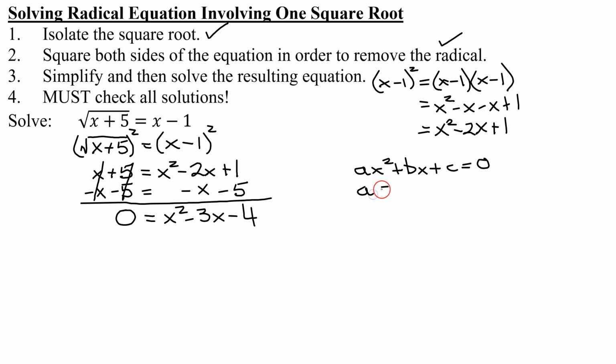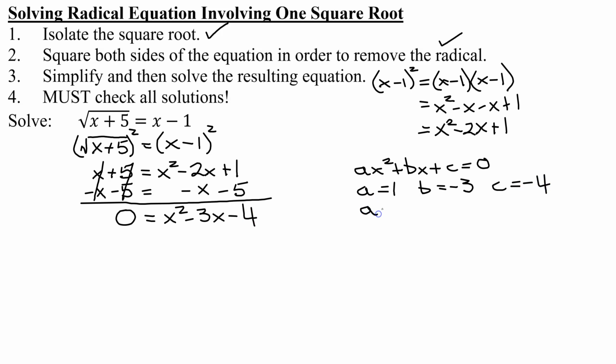A, the coefficient of the x squared term, is 1, so this is going to be the easier factoring problems. B, the coefficient of the x, is negative 3, and c is the constant term of negative 4.